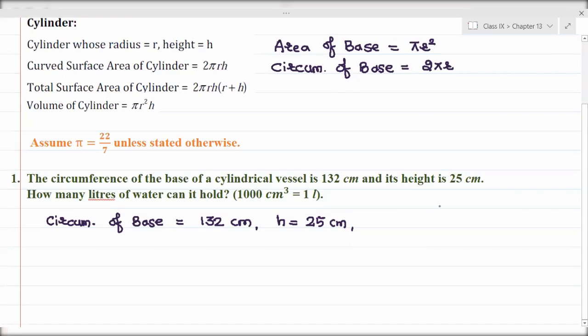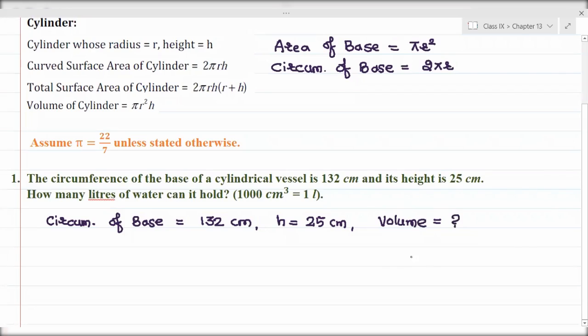So if they are asking about the capacity, you see the context here is about how much water it can hold. So we are talking about the capacity, so we need to find the volume of the cylinder. Here volume is equal to question mark, that is one thing.